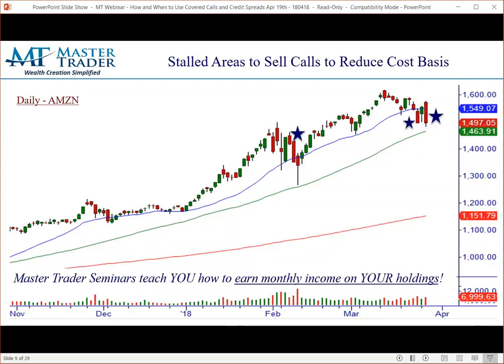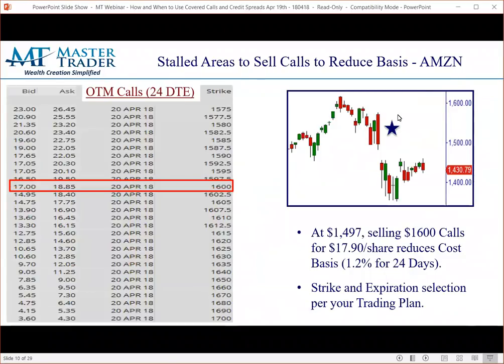Let's go through some numbers. So this is what Amazon looked like as of this day. This last star right here, I'm picking up right here. So this was the day that we were shorting out of the money calls. And I'll explain what out of the money means right here. And as you can see, the stock continued to sell off.